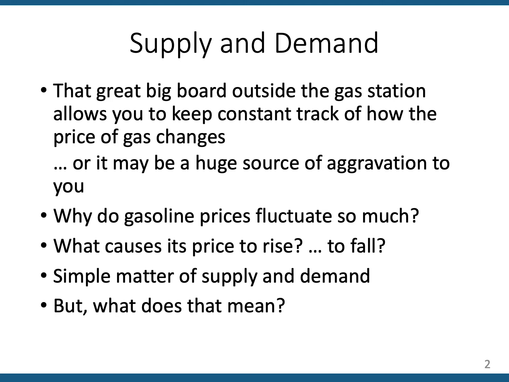The answer is supply and demand. If the price has changed, something has happened to either supply or demand, and that made the market price change. That's what we're going to study in this chapter, exactly how that works, the mechanics of how changes in overall supply or overall demand will make the market price change.